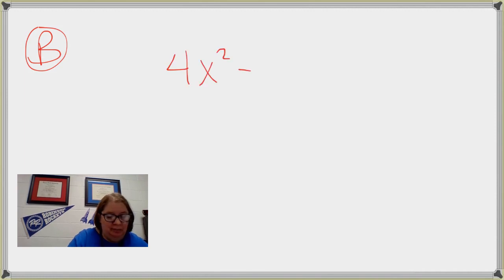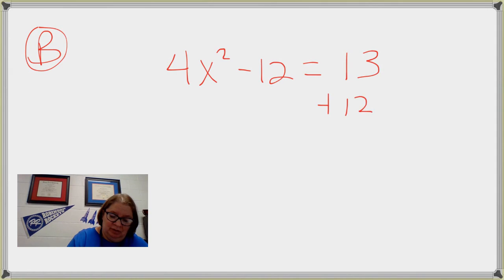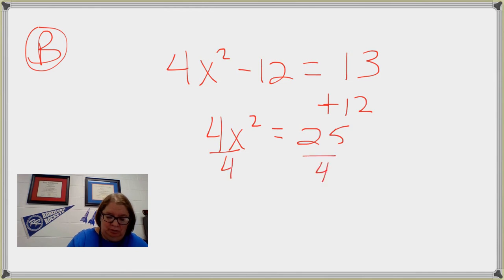So this is letter B on your paper, and it says 4x squared minus 12 equals 13. Then you would add the 12. That's where we have 4x squared equals 25. Divide by the 4. X squared equals 25 over 4.